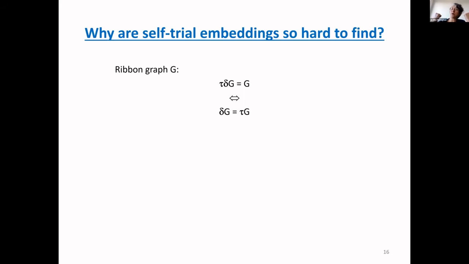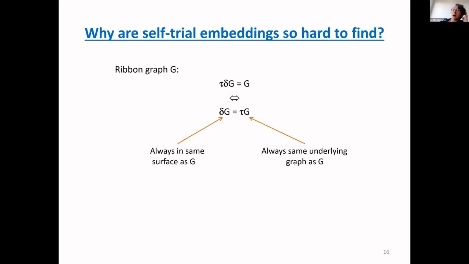So that's a remarkable amount of symmetry. Also remember that the dual is always in the same surface as the original graph, and taking the Petrie dual is always going to give you the same underlying graph.